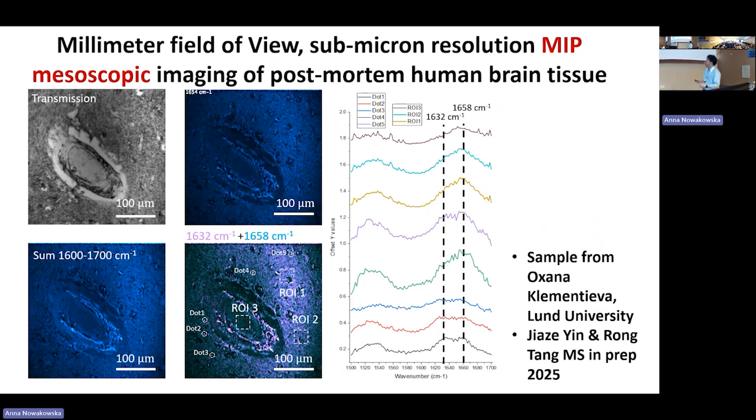Around this human blood vessel, you can see this dot structure which is less than 1 micron, and they are rich in beta sheet, as featured by 1632 wavenumber. This method is extremely powerful because it is label-free. We expect that we will discover unknown biomarkers through the measurement of human patient specimens, which is beyond reach of fluorescence microscopy.